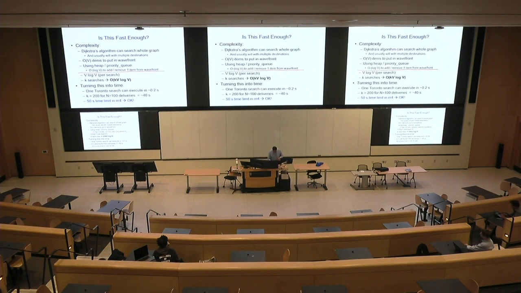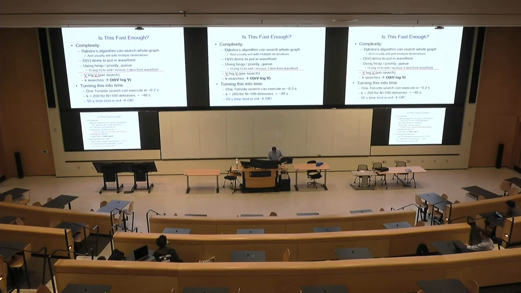So we have V intersections that we're going to look through. We won't do re-expansion. We'll look at them just once. And for each of them, we're going to do a bit of constant work looking at its neighbors. And then we're going to put another node into the priority queue, which is log V to put it in the priority queue. Then we're going to take it out. That's also log V. So Dijkstra's algorithm is V log V in a street graph like this.